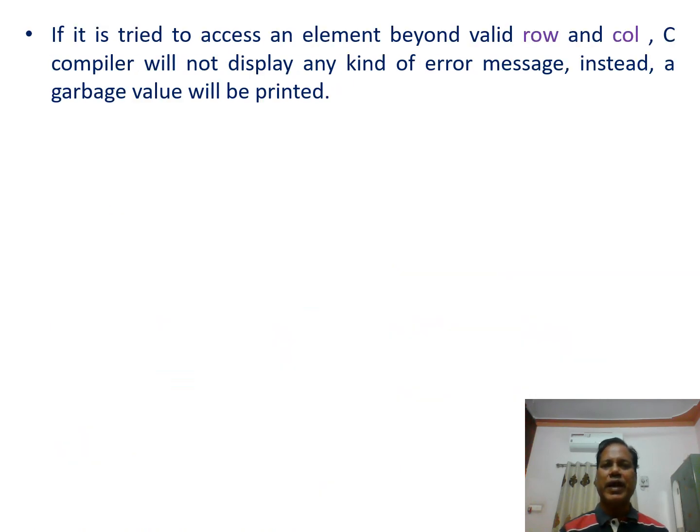If you try to access an element beyond the valid row and column, C will not display any kind of error message. Instead, a garbage value will be printed.